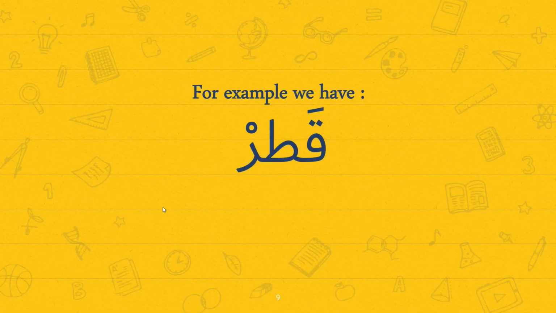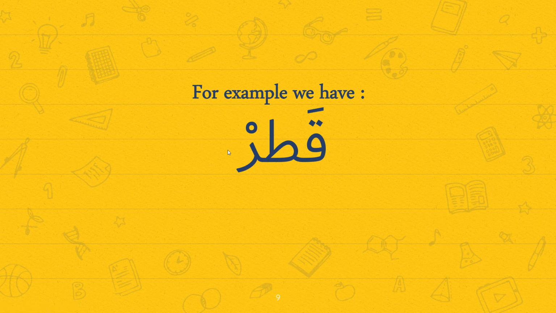Now, the final rule is we have Qatar. You know this country. Now, Qatar, you probably can notice that there is no L in the beginning, there is no alif in the end, there is no ta marbuta in the end.